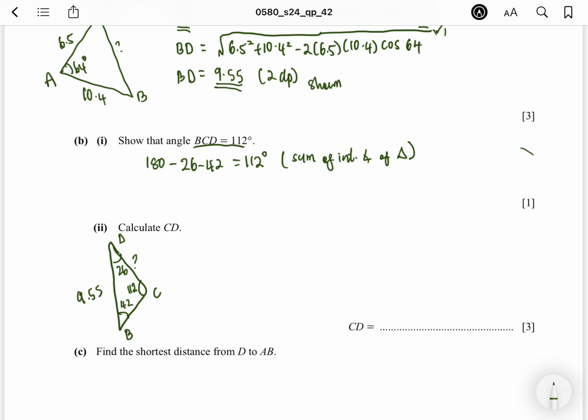Although there are 2 angles, 26 and 42, not both need to be used. For the sine rule to work, the 2 sides and the 2 angles need to correspond. Since CD is being sought, the corresponding angle is sine 42.